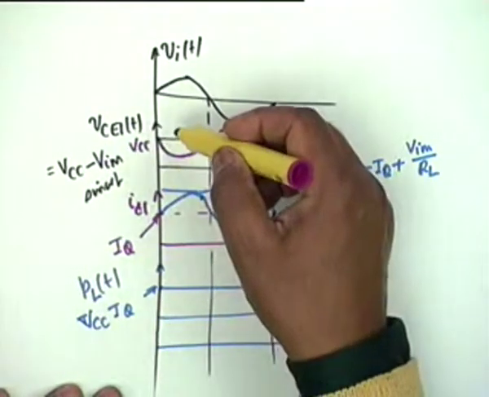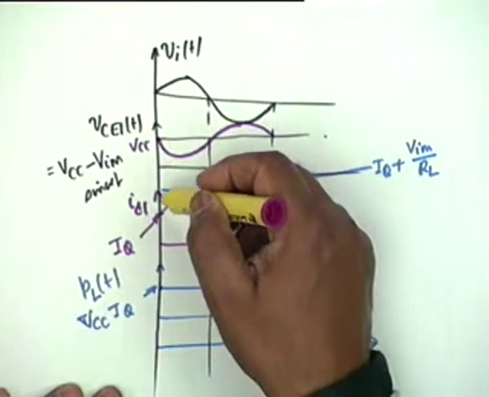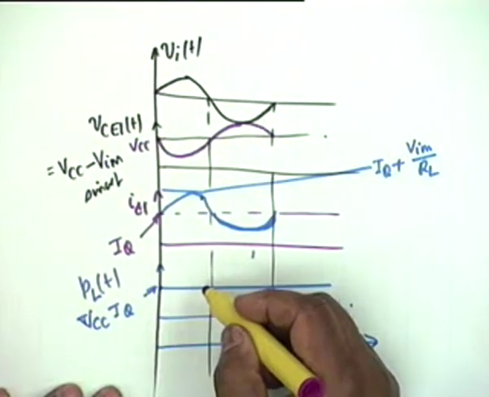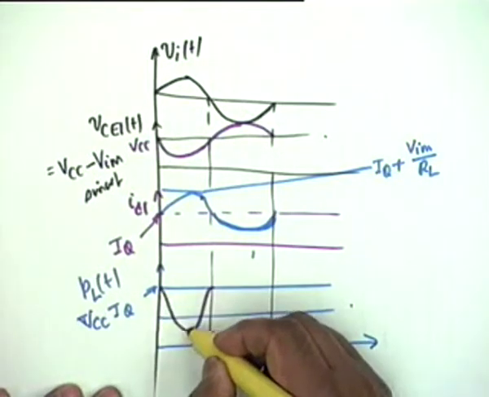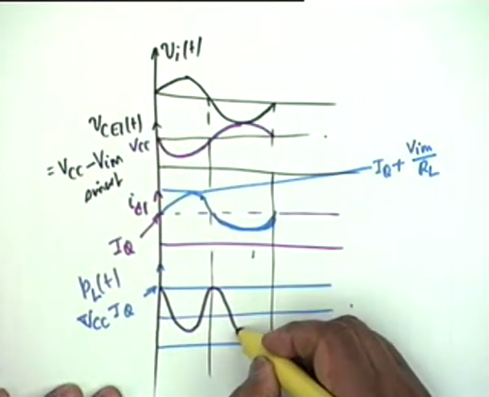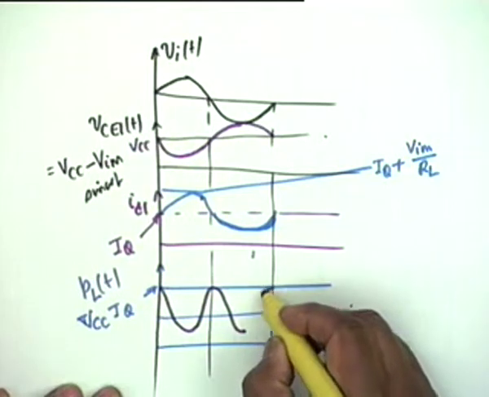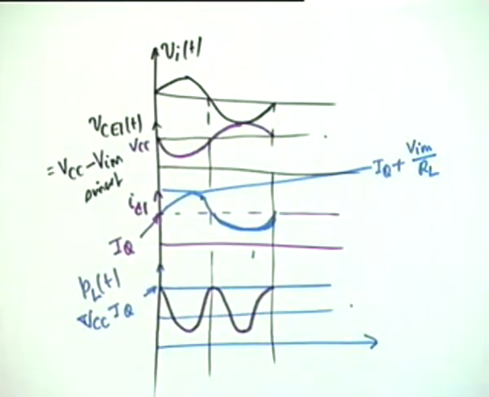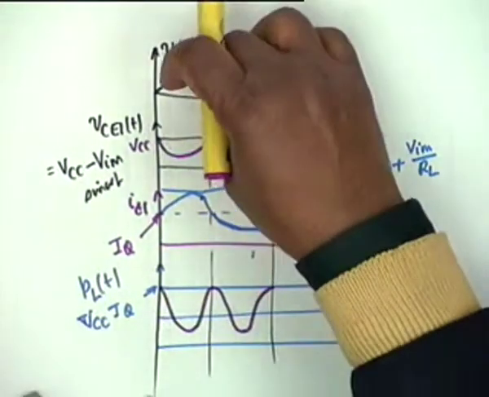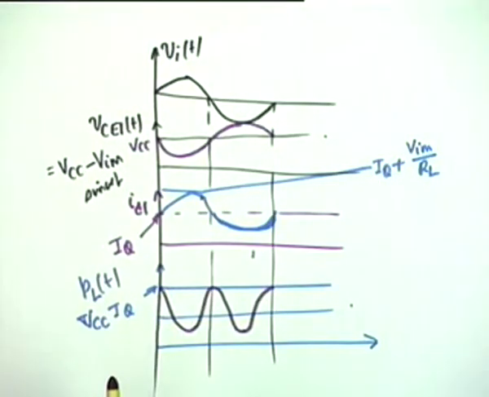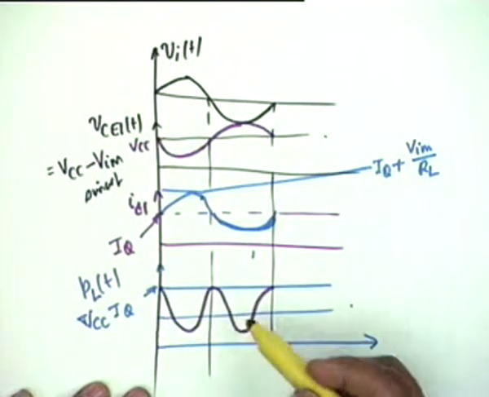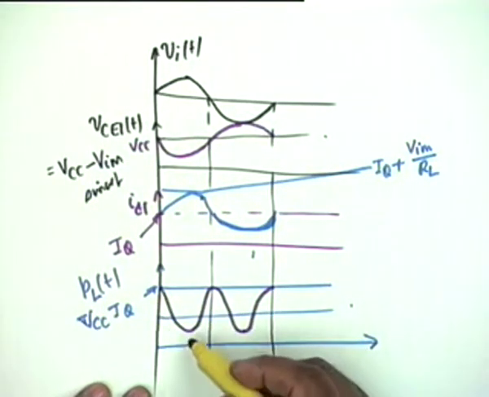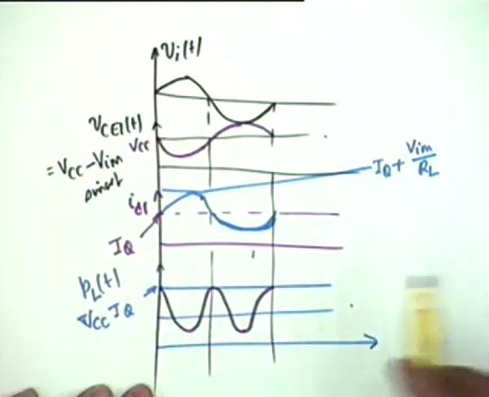It starts from here, VCC and IQ, then it goes down like this and comes like this. This is the power, which is simply the square of this curve divided by RL. Agreed?